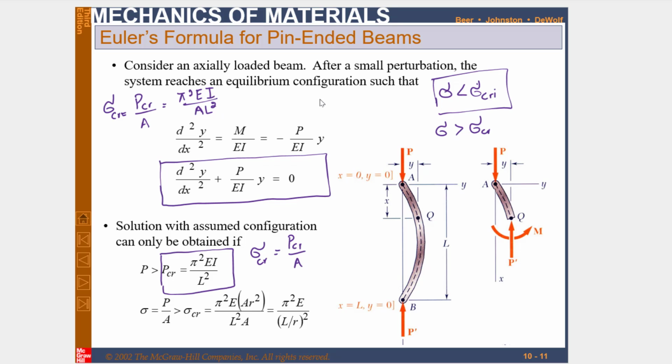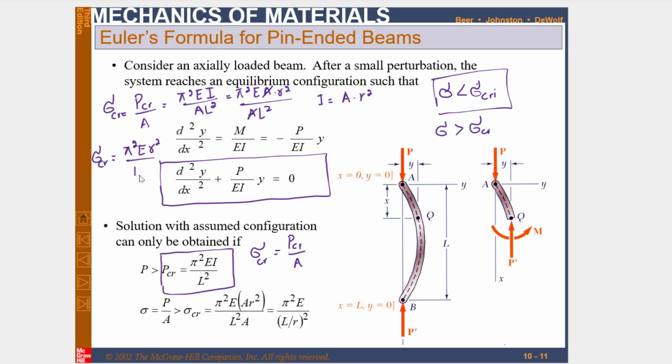Now we will introduce a new thing that you might have studied, that the second moment of inertia is equal to area into r square, where r is the radius of gyration. So if you put the value of I over here, you will get pi square E A into r square divided by A L square. So A will be cancelled. So you will get critical stress equal to pi square E r square over L square.